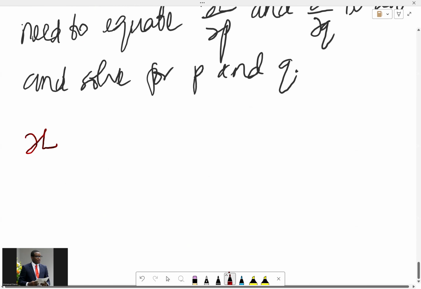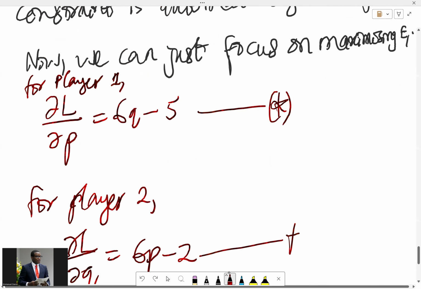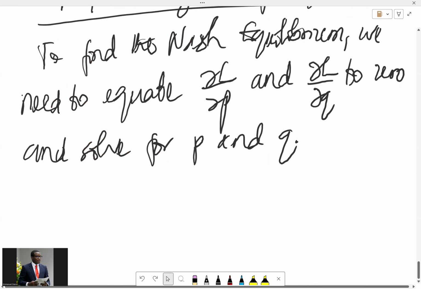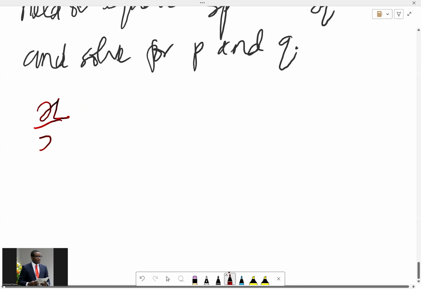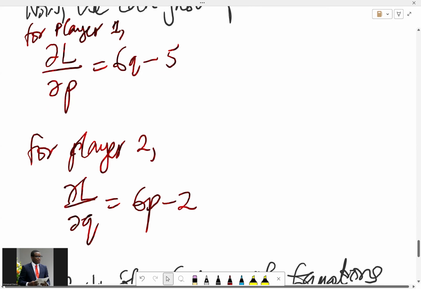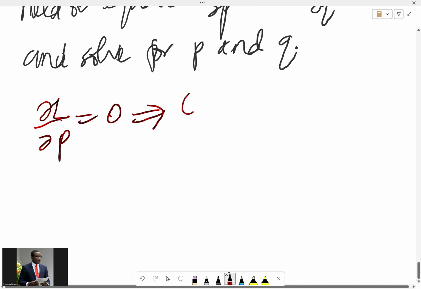It's not necessary to label the equations since we can reference them using partial L, partial P. So partial L, partial P equals 0 simply implies that 6Q minus 5 is equal to 0.